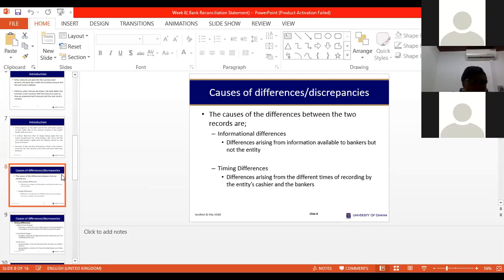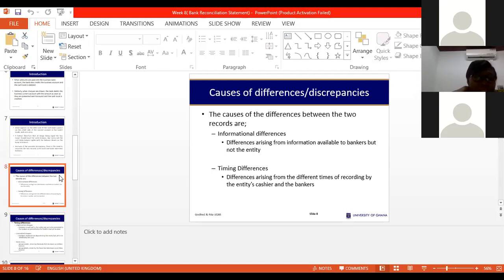The differences between the balance on our cash book bank column and the balance on our current account in the bank are either informational or timing differences. What does it mean when we say information? There are certain transactions that happen in the bank that the bank didn't give us information about.